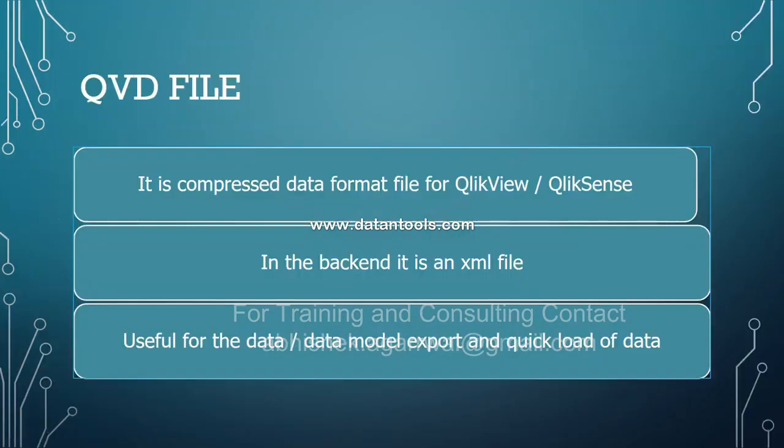As I mentioned, it is related to QlikView and Qlik Sense. It is a compressed data format file for QlikView and Qlik Sense. In the backend, it is an XML file, and it is useful for the data or the data model export and quick load of the data. Let's see these points one by one and try to understand a little bit about it.